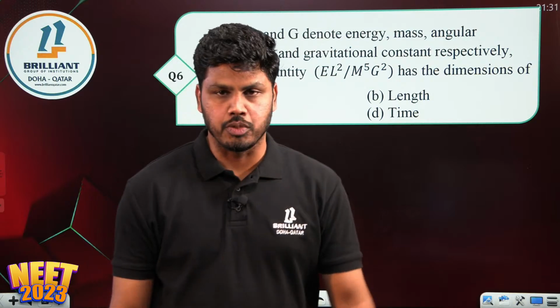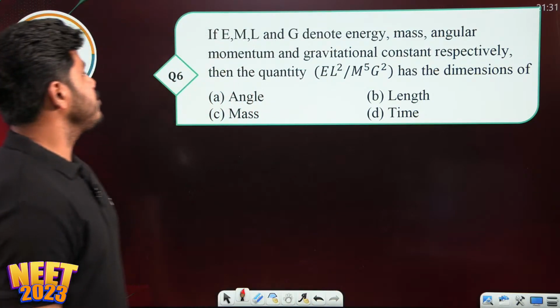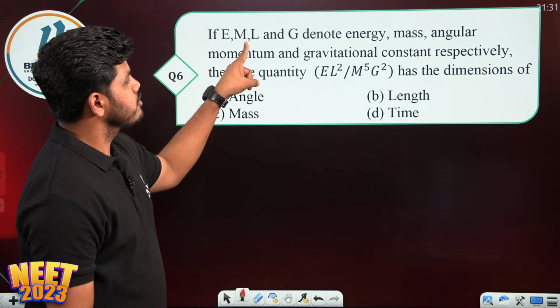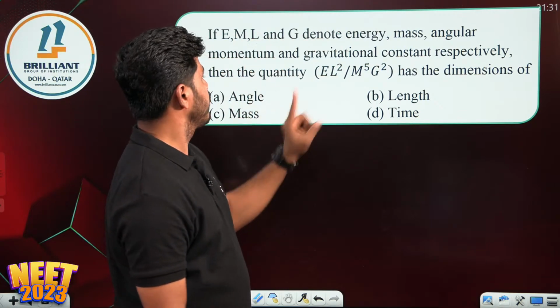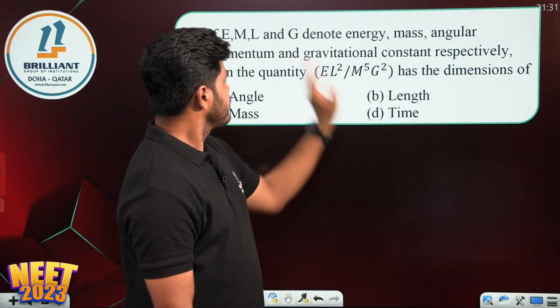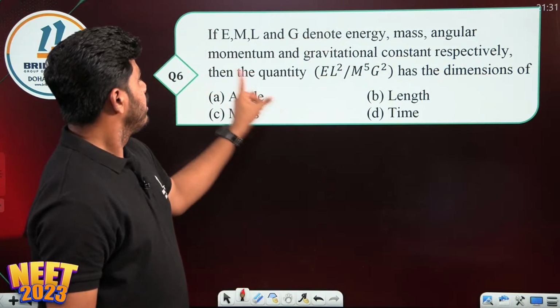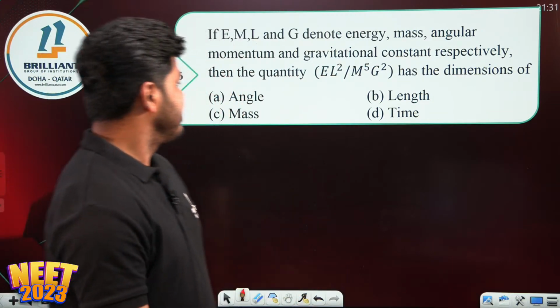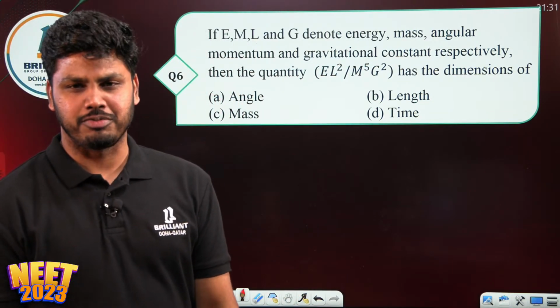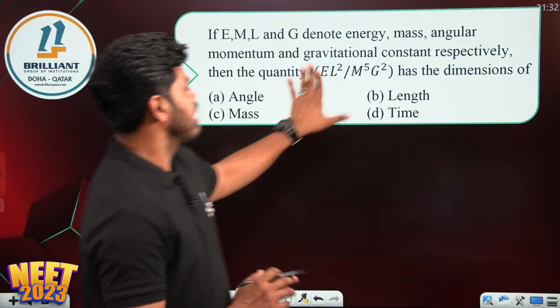And look at the 6th one. Energy, mass, L for angular momentum, and G denote those corresponding terms. Then the quantity E L square by m raised to 5 G square has a dimension of. See, we know all the dimensions here.